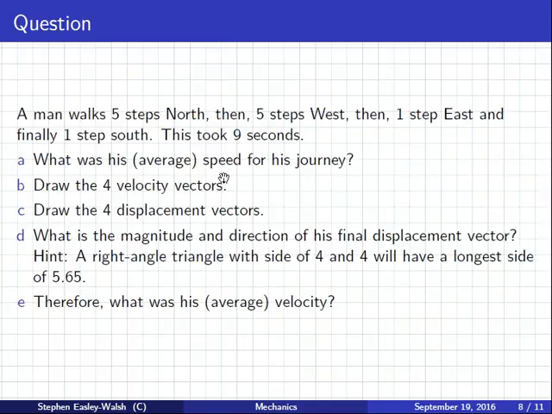Now, before you do this one, did I tell you about the structure of the exam? You have section A and section B. A is short and B is long. So actually, this is very similar to an A question. I know it looks long, but the only reason it looks long is because I broke it down into many parts to help you do it, because it's the first time you're doing it.